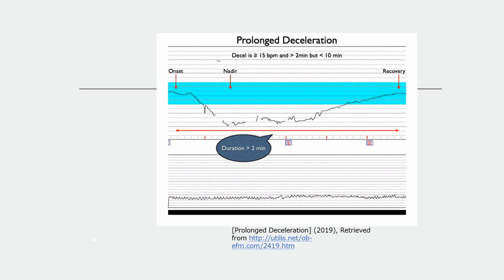If we're not seeing this recovery going on, we need to take that patient back and get her delivered because the baby's not going to tolerate a low heart rate like that very long. It's going to code is what it's going to do. When it's in the 50s and 60s, it's not going to tolerate that. And this is probably a patient having a seizure. Okay, we can expect that with a seizure.